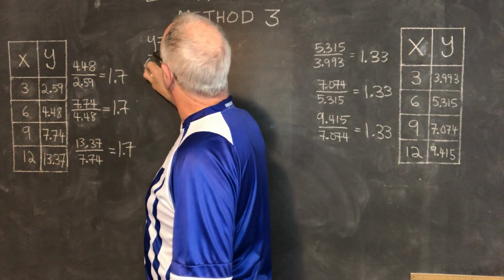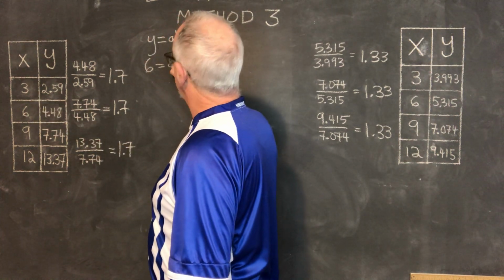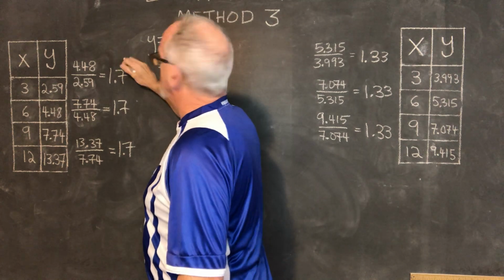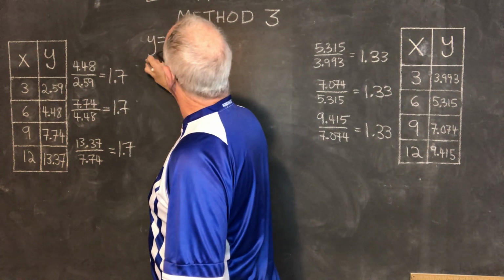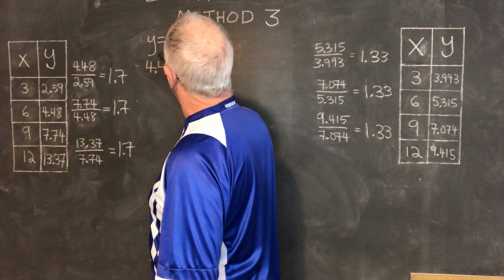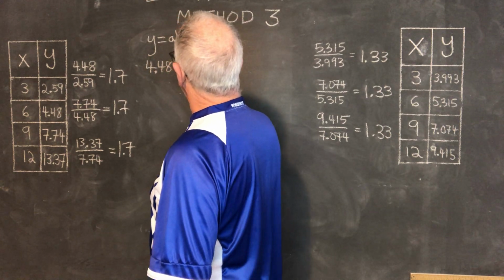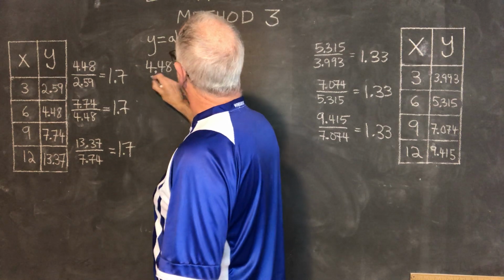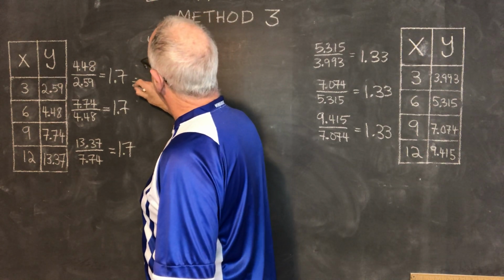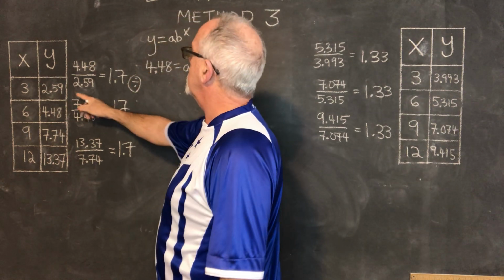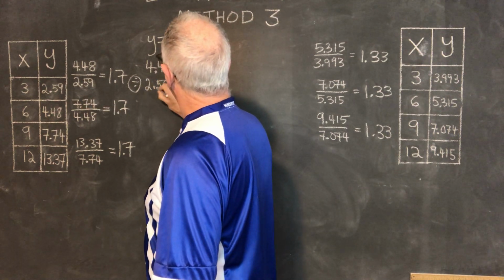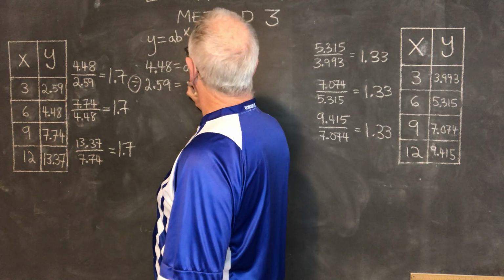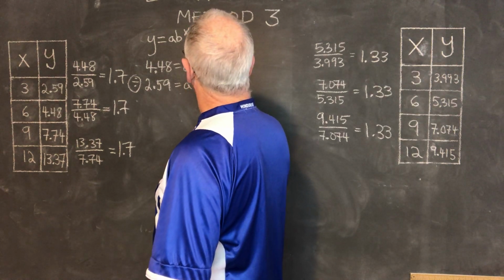When I plug them in, I have 4.48 equals a times b to the 6. I'm going to move the whole thing over this way a little bit so we can see it. And then we are dividing that by a second equation, which is going to be 2.59 equals a times b cubed.